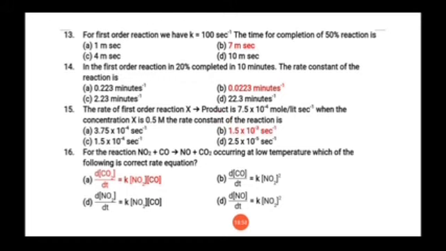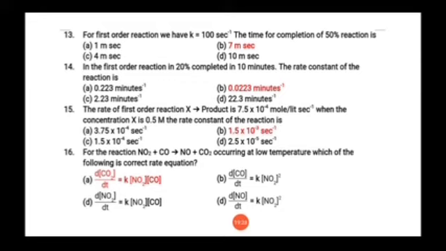Next and the last MCQ of the session, students, that is for the reaction NO2 plus CO gives NO plus CO2 occurring at low temperature. Which of the following is the correct rate equation? So students, I have told you that whenever you are writing reactants, always put a negative sign, and whenever you are writing products, always put a positive sign.